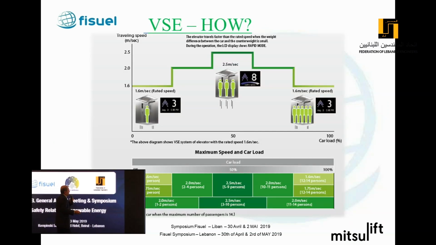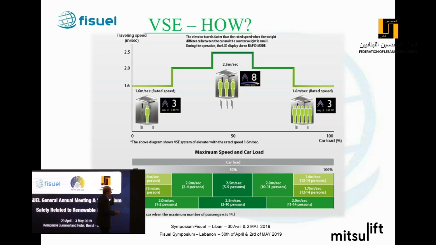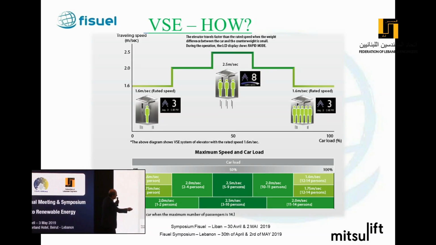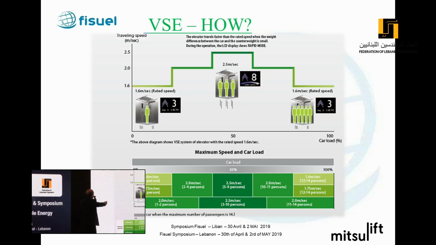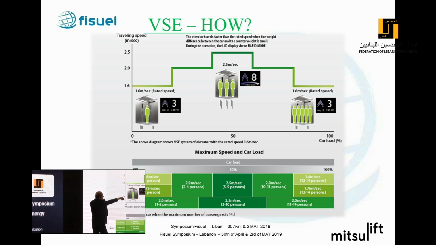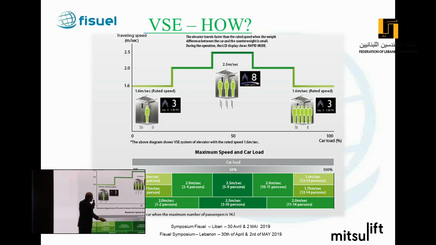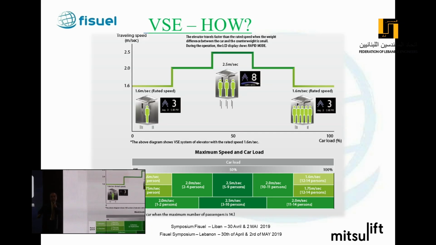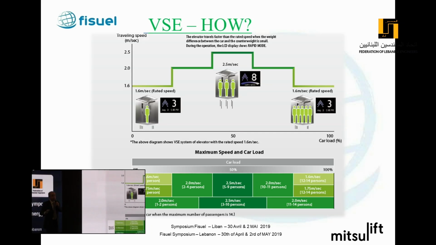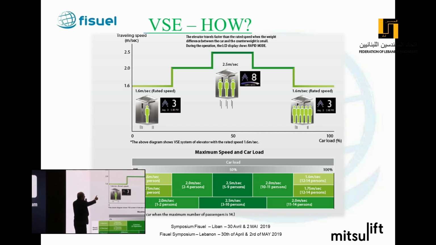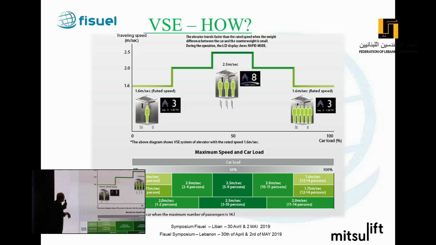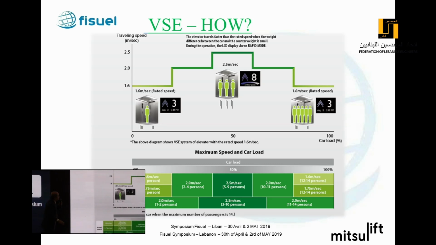If we look at this graph, we have on the x-axis the percentage of the car load, and on the y-axis the traveling speed. When the car is barely loaded or fully loaded, it means the traction machine is using its full force, so we cannot increase the speed. And the elevator will be running on its rated speed, which in our case is 1.6 meters per second.